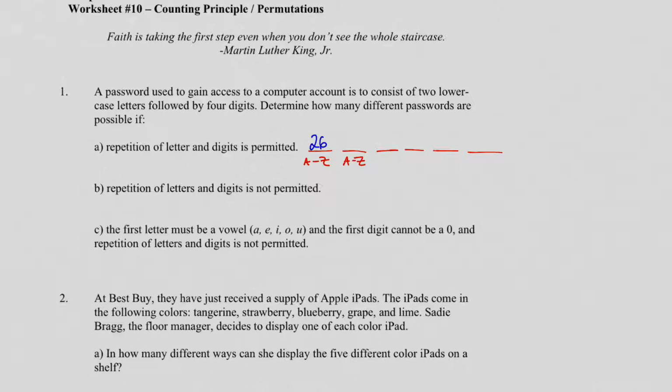And then again, 26. We're allowed to repeat, so we can have AA, for example. Then, for the digits, same thing as last time: 0 through 9 every time. That's 10 each.